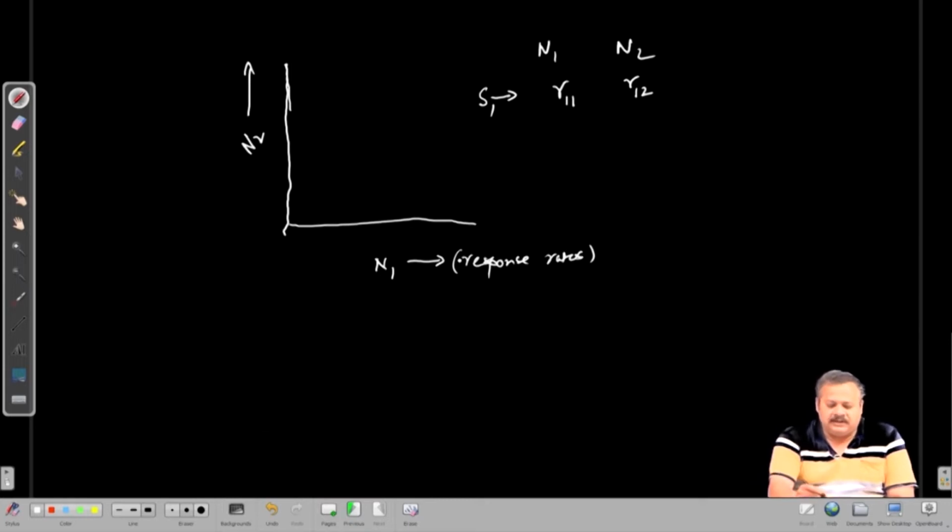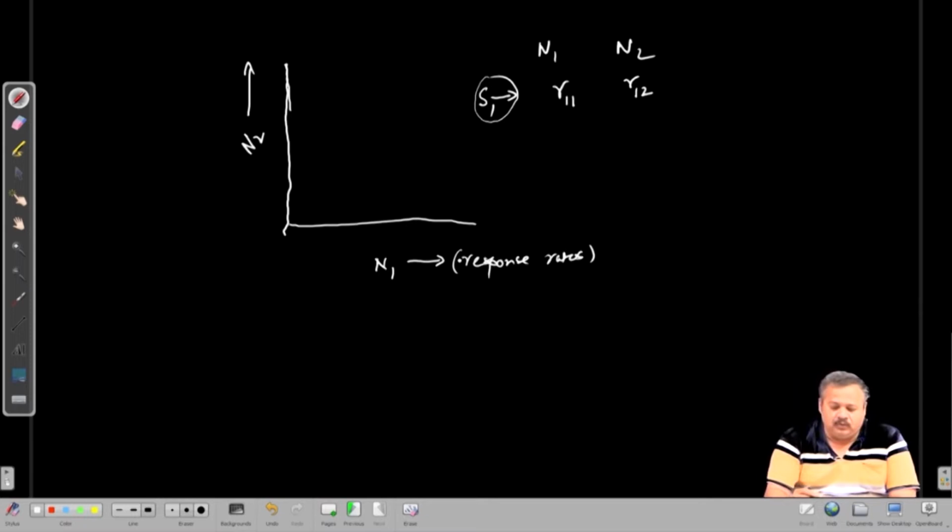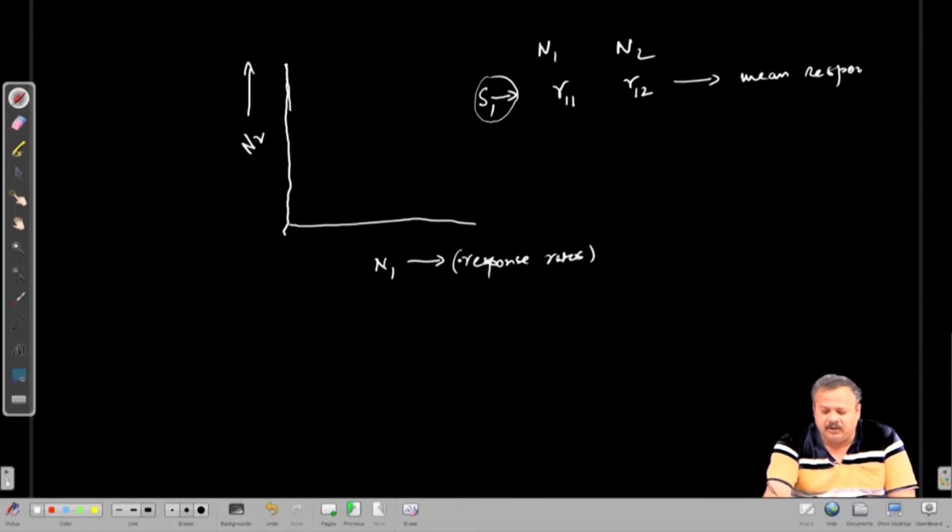For this stimulus S1 or S, we have R1 and R2 as the mean response, estimated, as we have discussed multiple times, from multiple repetitions, let us say capital M repetitions of the stimulus.